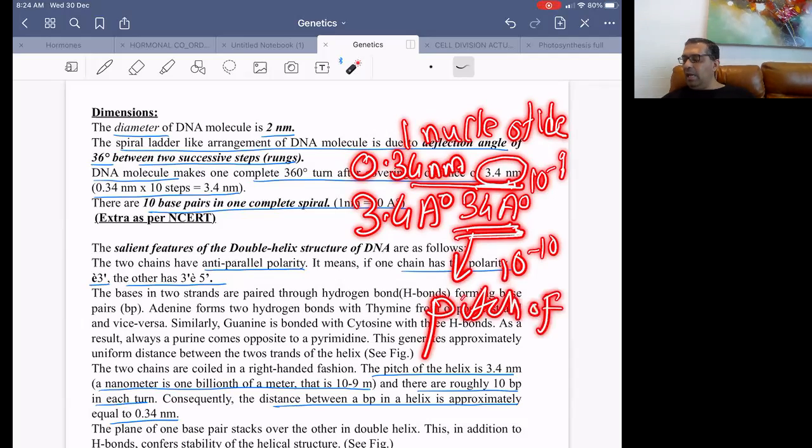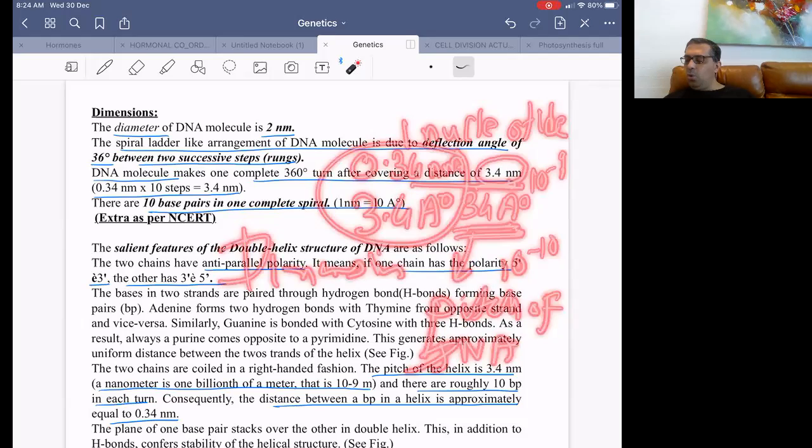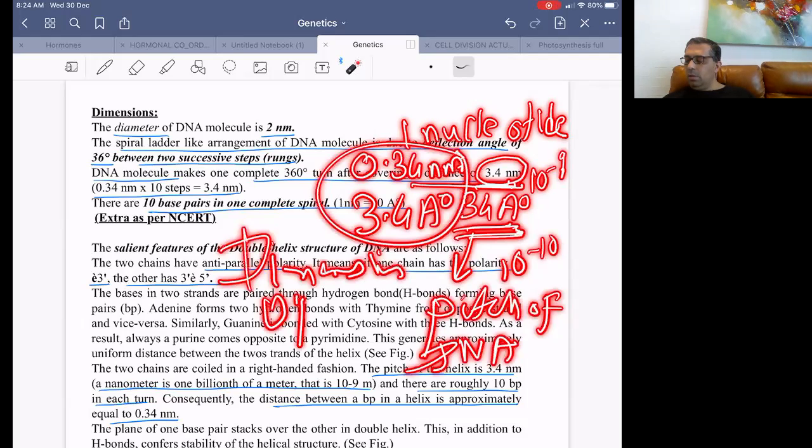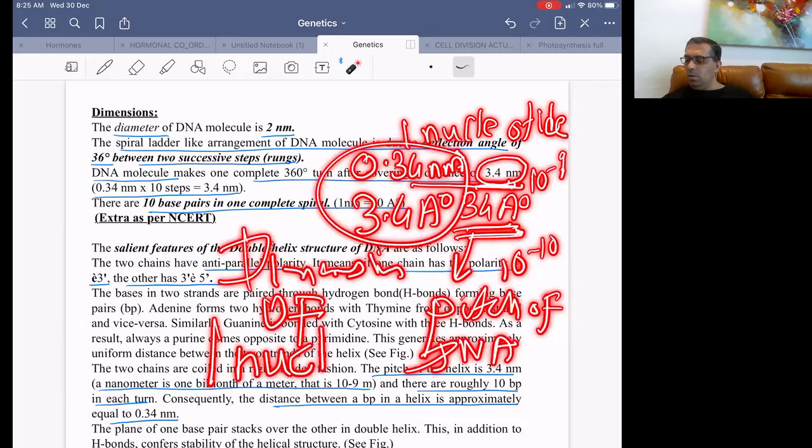And how much is the dimension of one nucleotide? 0.34 nanometer or 3.4 angstrom units.